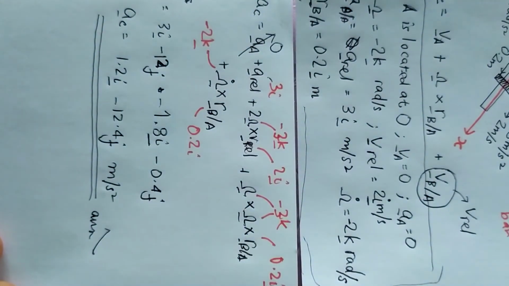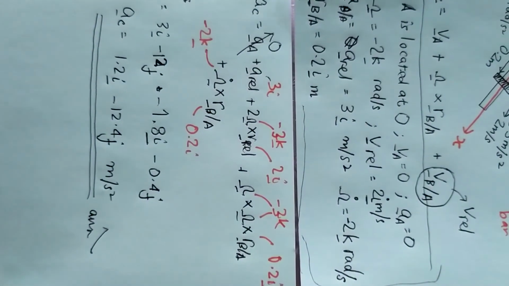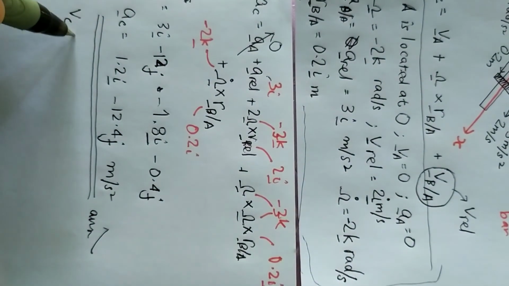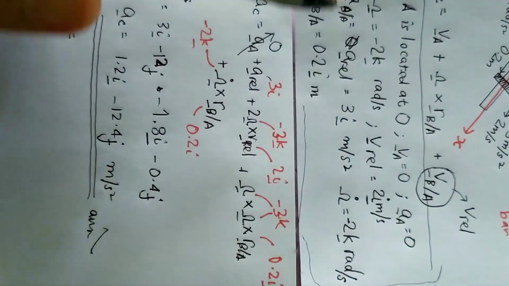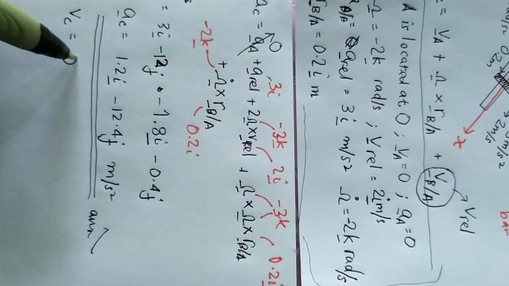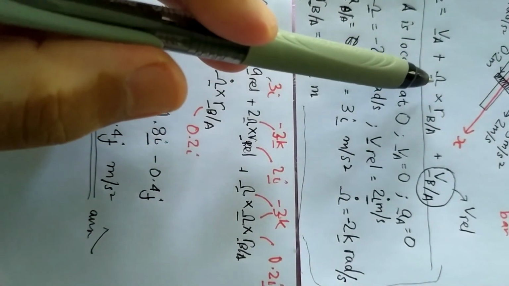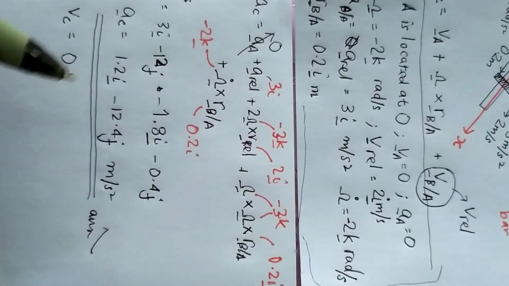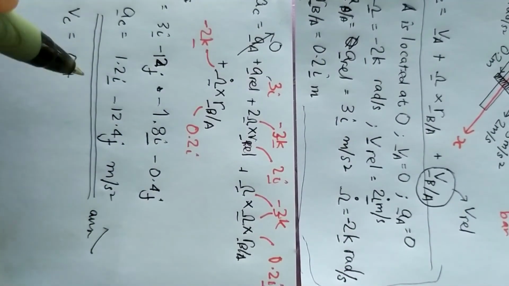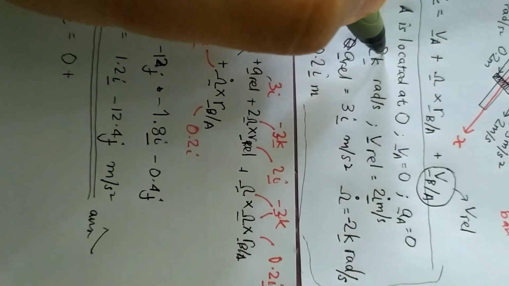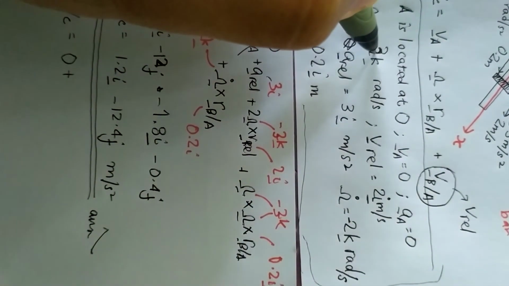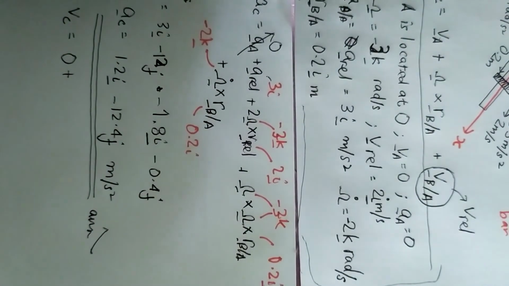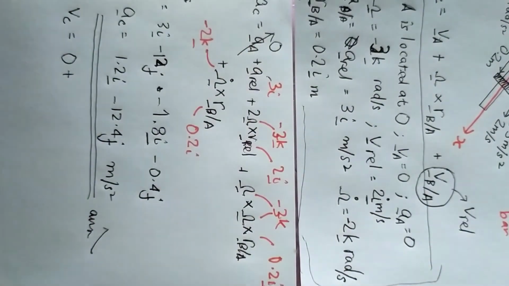Have we carried out the velocity? No, we have not, so we have to calculate the velocity. What is VC? VC equals VA. VA is 0, plus omega cross B. Omega is minus 3k, sorry, my omega is minus 3k, and omega dot is minus 2k.